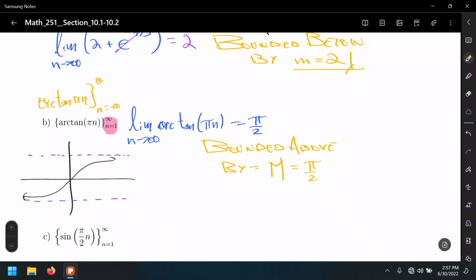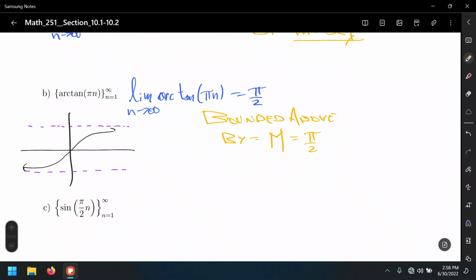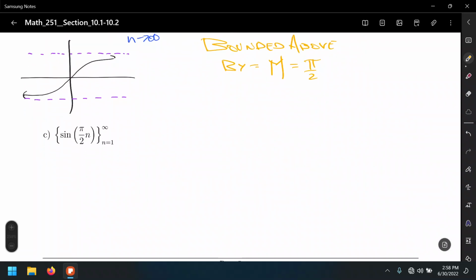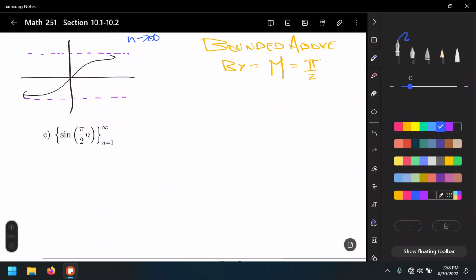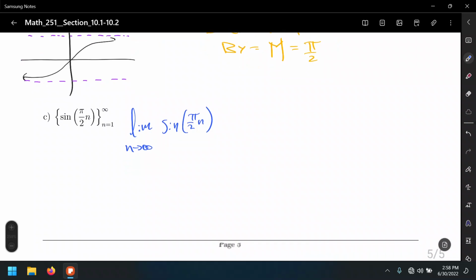All right, let me erase this. Sine pi over 2n. Let's have a look at this one. Limit of sine pi over 2n as n approaches infinity. All right, let's see what's going to happen here.